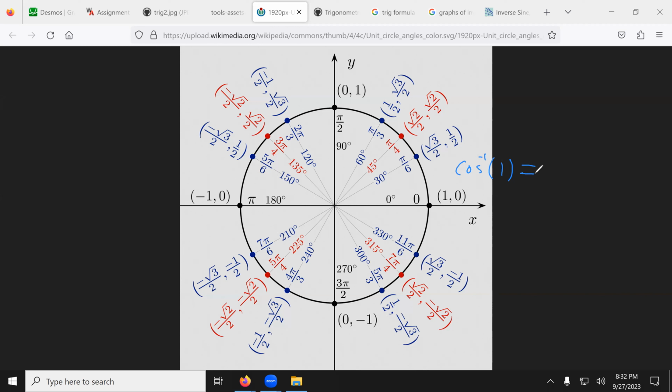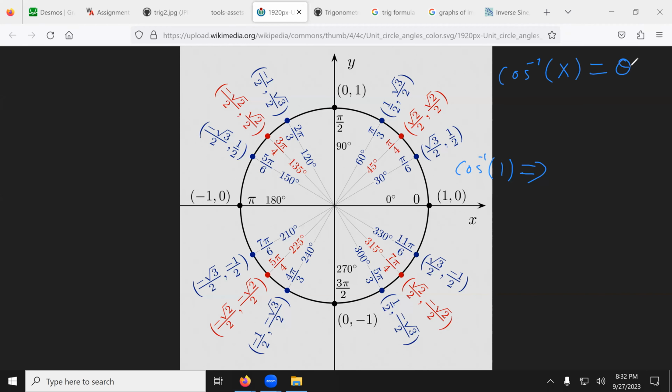In other words, if you change this to use the definition, cosine inverse of some x value gives me an angle theta.